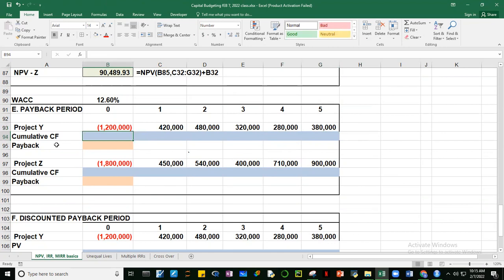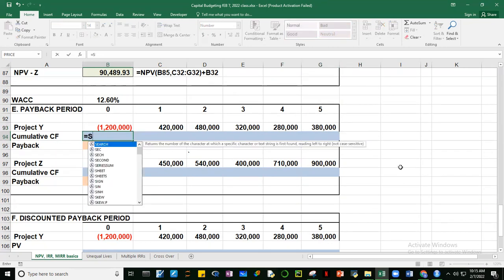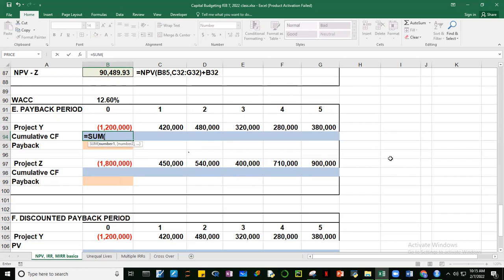So let's first compute for the cumulative payback. There's this very simple but very powerful formula. If you want, for example, to add 1.2 to 420, and then 1.2 to 420 to 480, parang i-accumulate natin mga cash flows natin until year 5, then we can sum up starting with this one and then press colon.